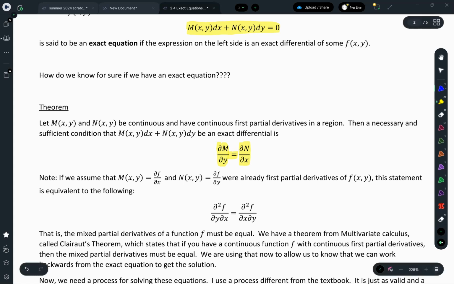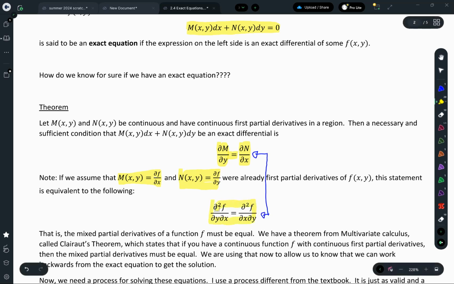If we're assuming that M of x,y is the first partial derivative of our solution with respect to x, and N of x,y is the first partial derivative of our solution with respect to y, then M and N were already first partial derivatives, okay? And so the statement up here is actually the exact same thing as the statement down below here.